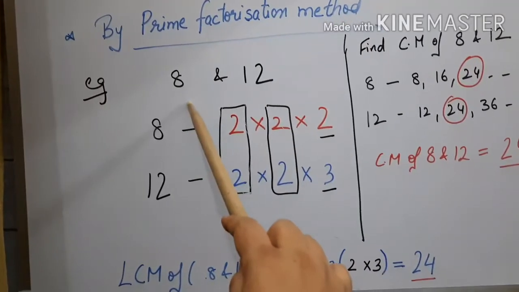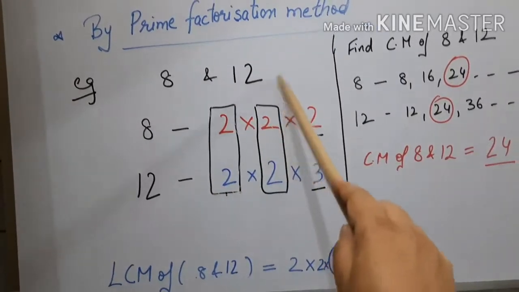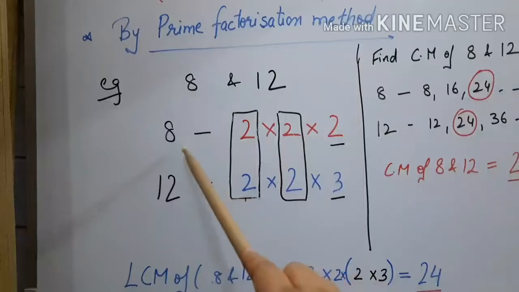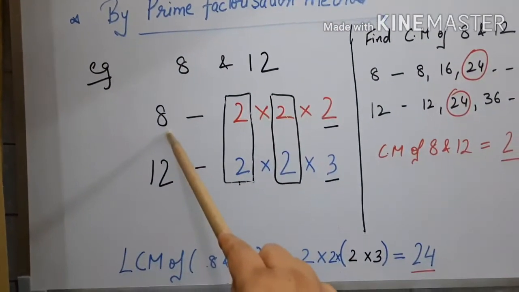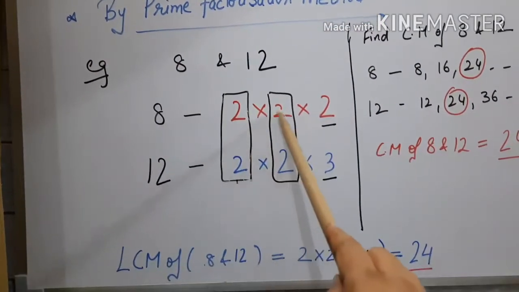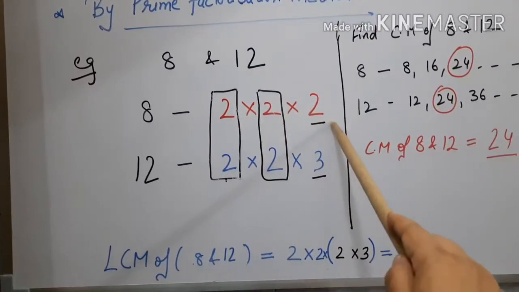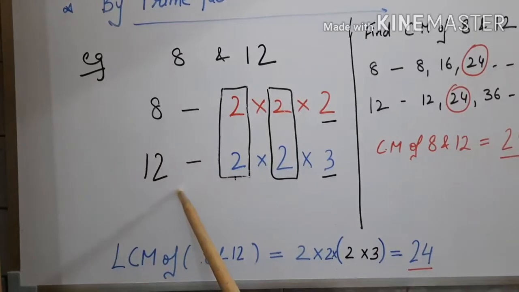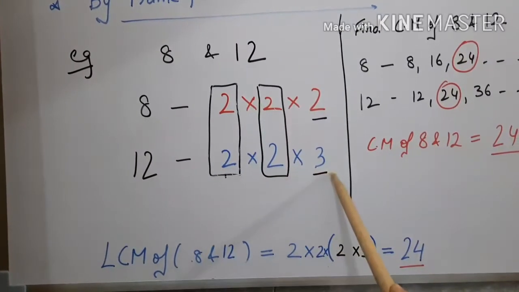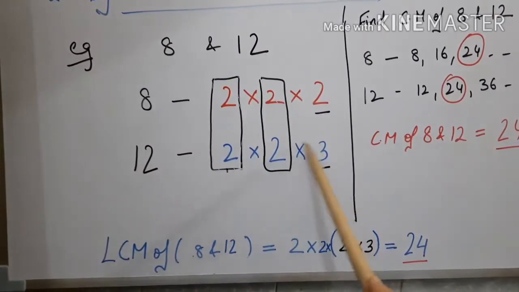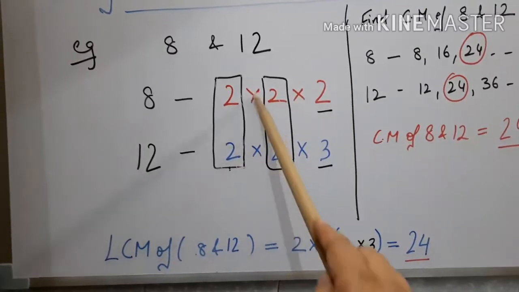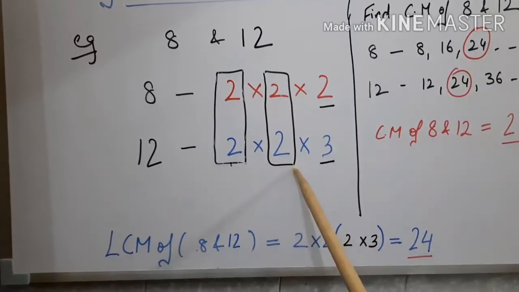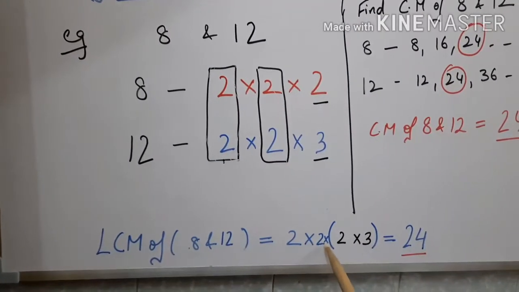Now we are going to find the LCM of 8 and 12 by using the prime factorization method. As I said, what are the factors of 8? They are 2 multiplied by 2 multiplied by 2. Please write prime factors. In the same way, the prime factors of 12 are 2 multiplied by 2 multiplied by 3. What is common between the two? That is 2 and one more 2. So I consider one 2 and another 2.